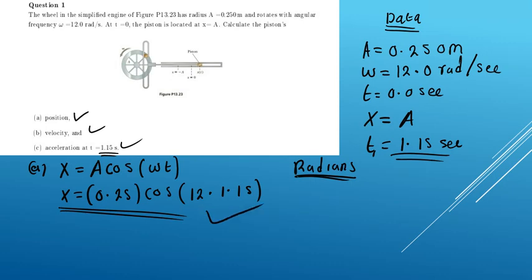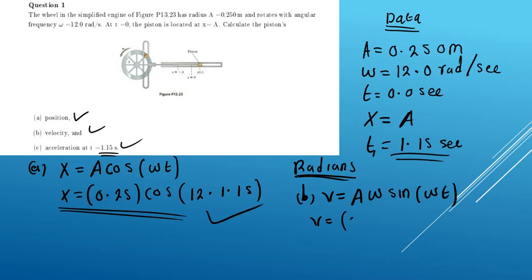Get to B, the velocity. Of course, velocity under simple harmonic motion is equal to A, the oscillation amplitude, then omega, then sine omega t. So the velocity, what is A?